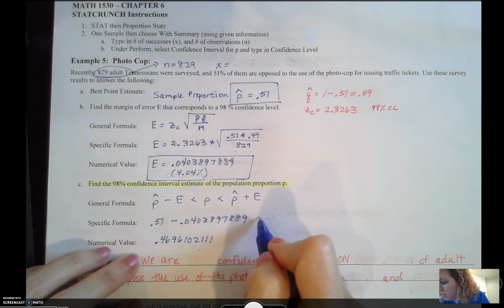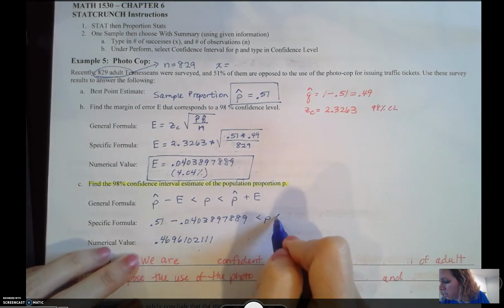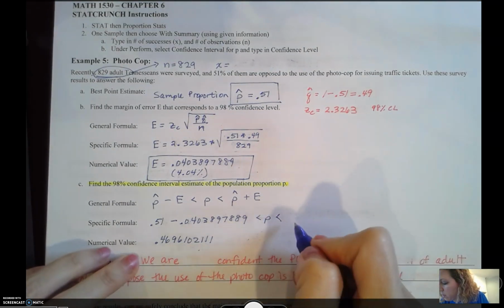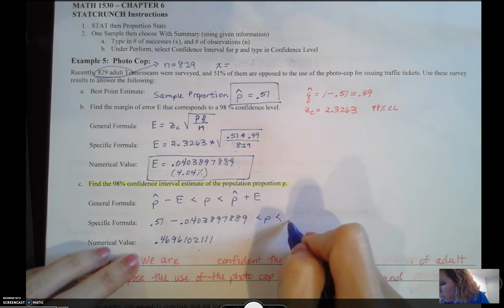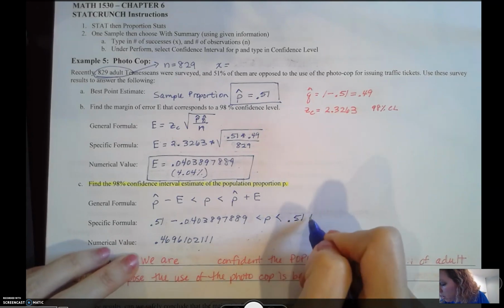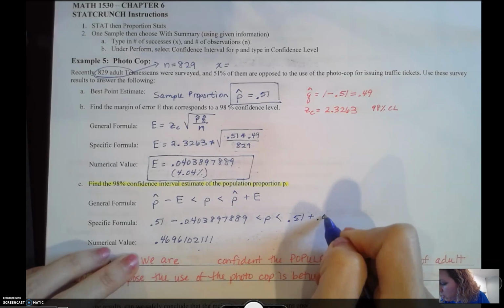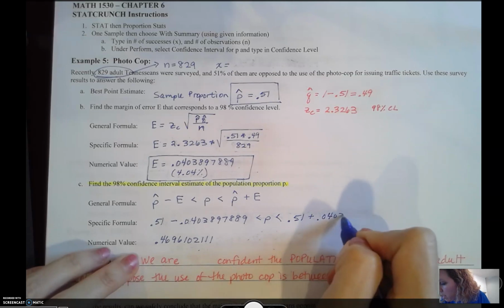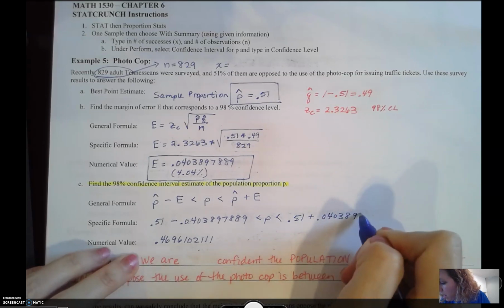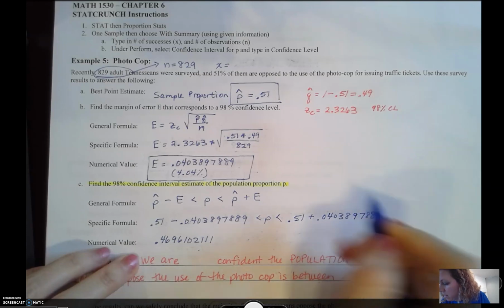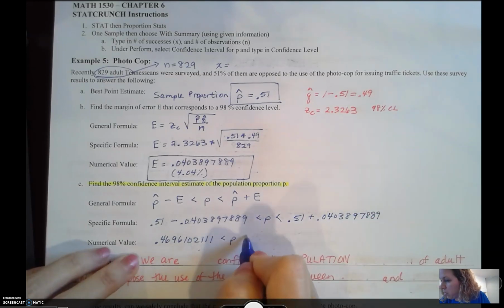So less than p, which is less than, and then that signifies it's between. We take 0.51 plus our margin of error, 0.04038978889. So our upper limit, instead of subtracting, we just add that.